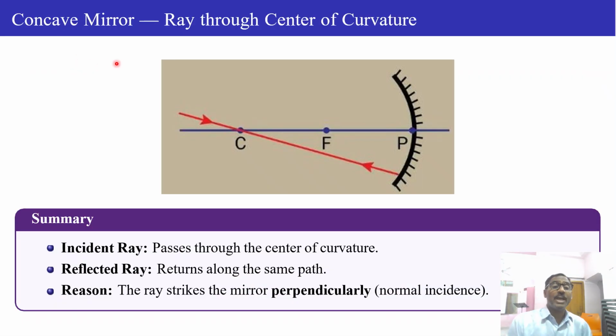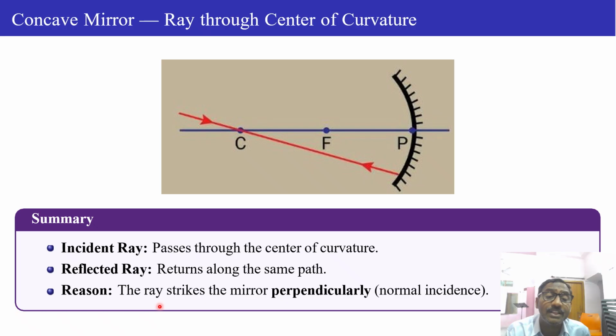Now you can see this diagram. This is the ray passing through the center of curvature, and after reflection it will retrace the same path. Coming to the summary: the incident ray passes through the center of curvature, and the reflected ray returns along the same path.